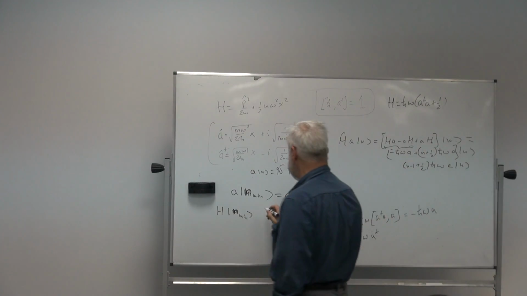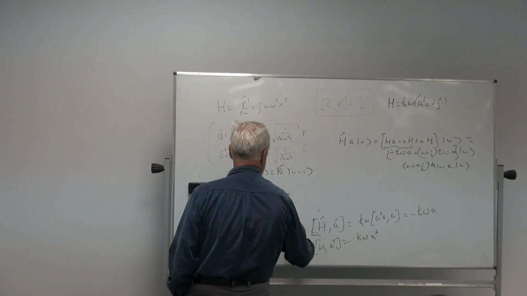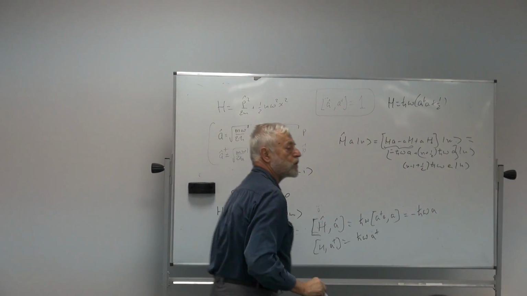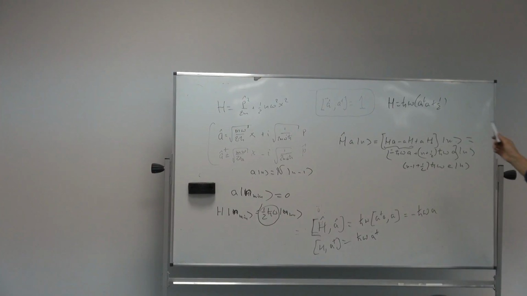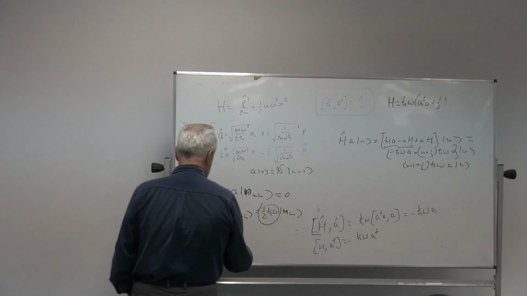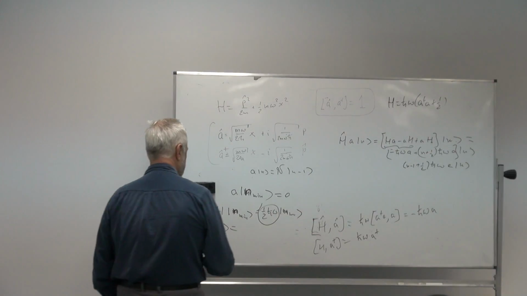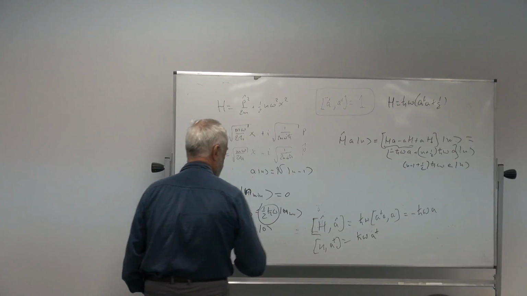So this is exactly equal to 1/2 h bar omega times n minimum. First, we found out that the ground state of the harmonic oscillator has this energy. Second, we also found out that the eigenvalue n minimum is equal to 0, because out of this general formula, we see that this is 0. So there is the ground state, which is legitimate to call 0, which has this zero-point energy.